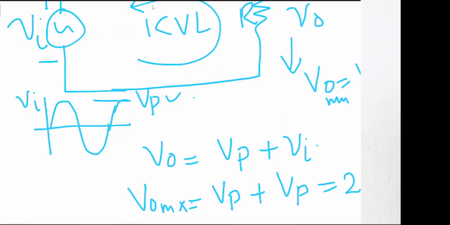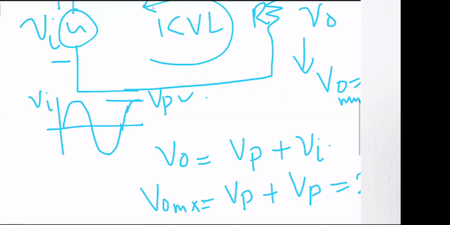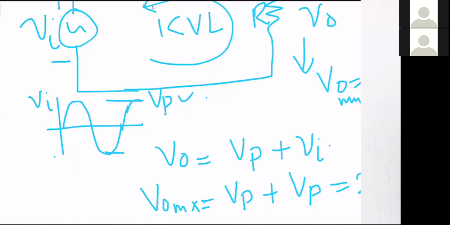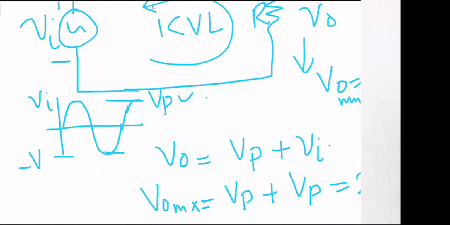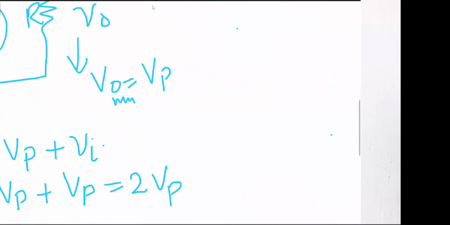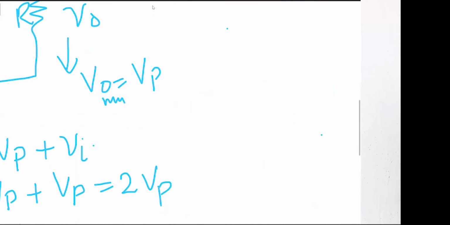What is the minimum value of VI? Minus VP. So V naught minimum should be equal to VP plus, in the bracket, minus VP, right?